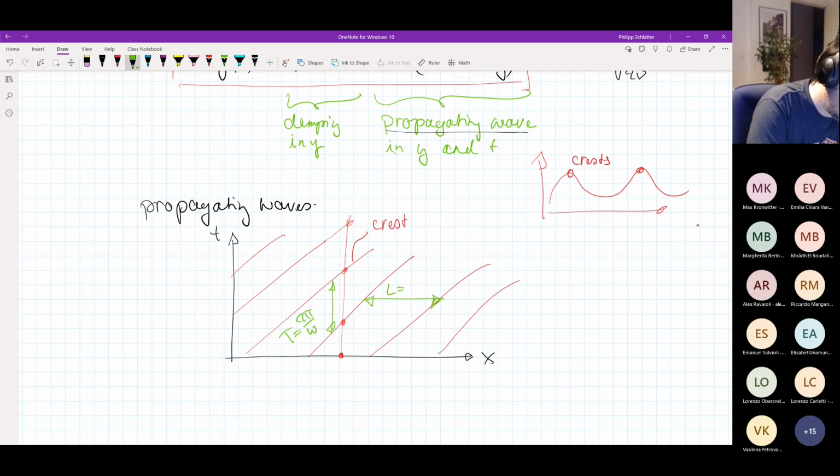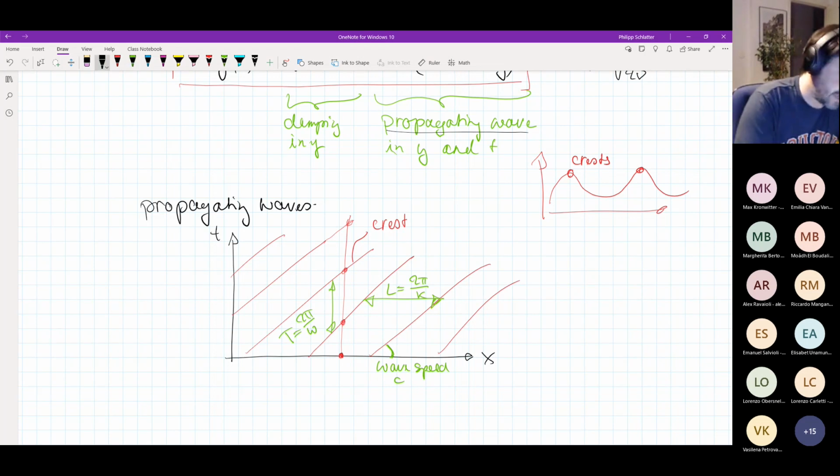So that would be L being 2 pi divided by K, K being the wave number. And then the last thing that I can see from here is the inclination, or the slope, of the wave crests, and this would be the wave speed, typically denoted with the letter C.